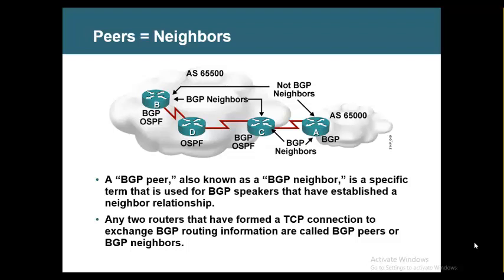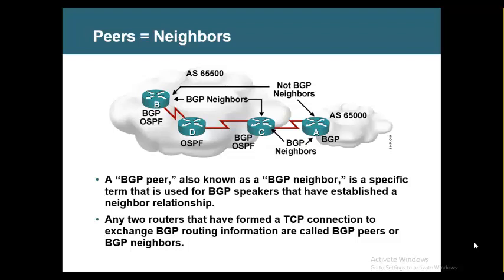They are called BGP peers or BGP neighbors. When two routers can establish a TCP connection using port number 179, followed by BGP negotiations successfully done, updates shared, they are called BGP peers.